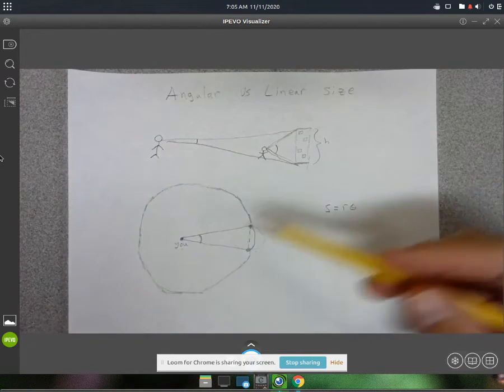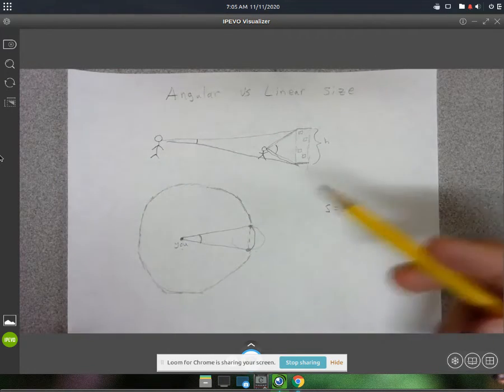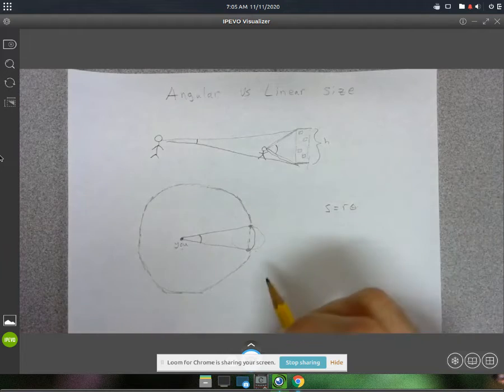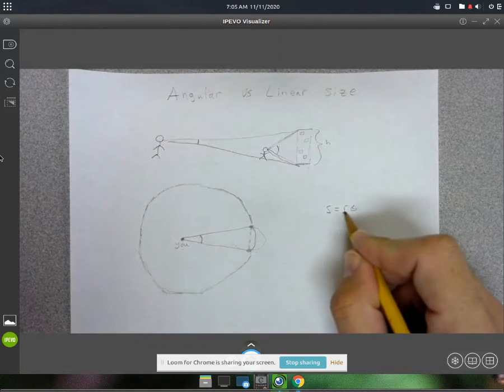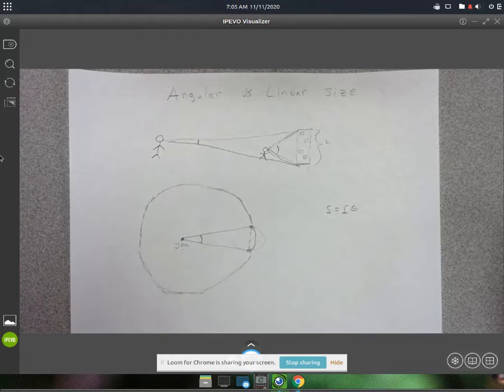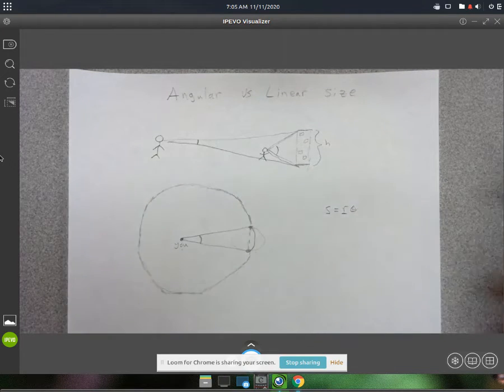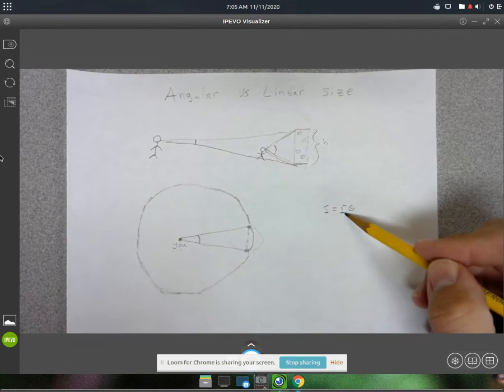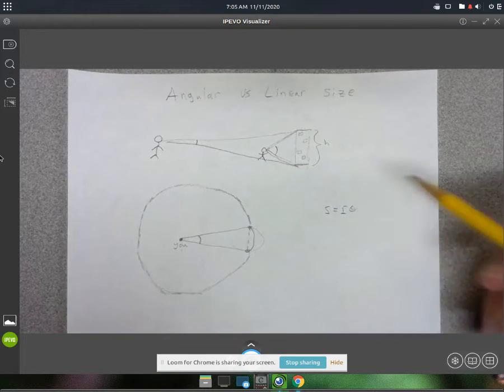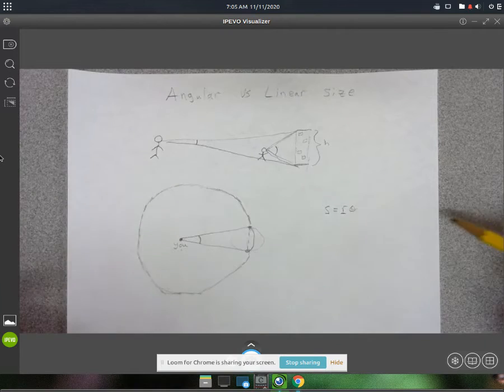Now, usually the context here is always objects that are very far away. So this radius here is usually something really big. The distance between you and it is enormous. The reason we use this is because we don't have a really good way of measuring large objects that are far away.